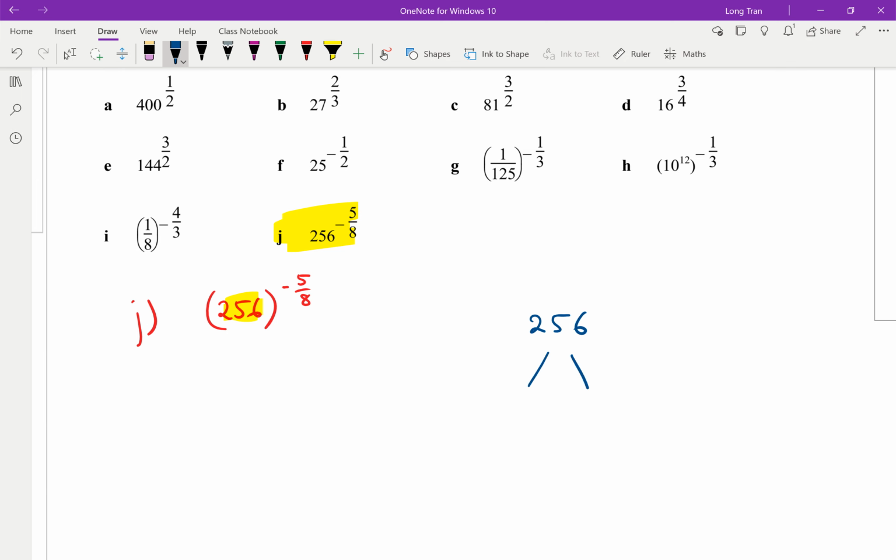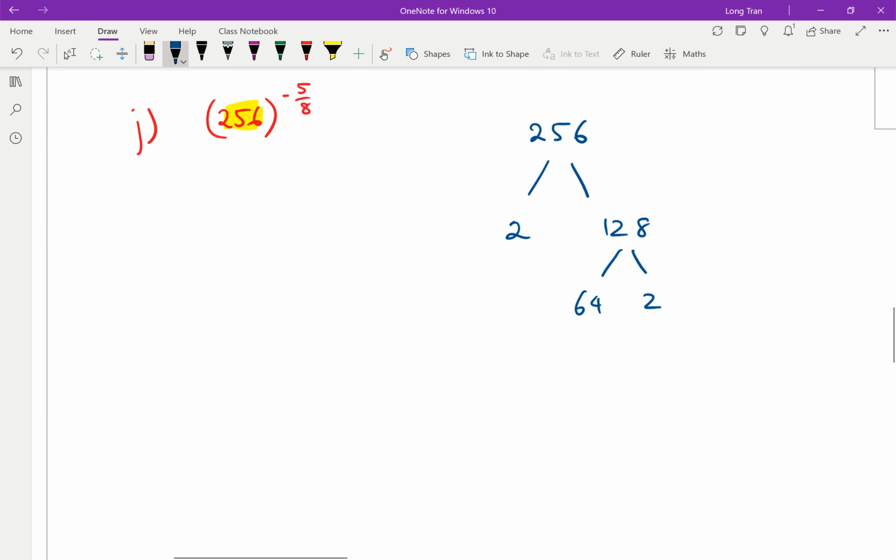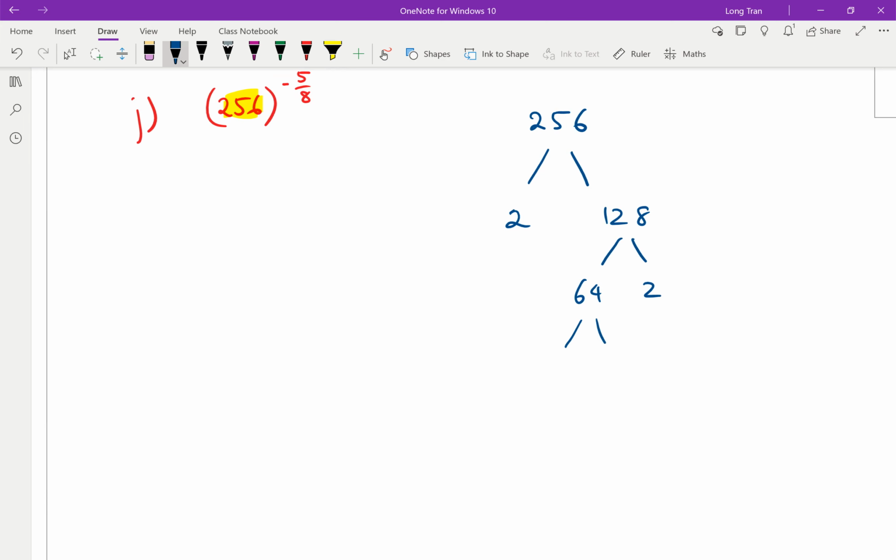What two numbers can you multiply to give you 256? 2 and 128. Good. When you're unsure, just keep halving. It's fine. Keep breaking it down. 2 times 128. Can I break 128 into 2 numbers now? 64 and 2. 64 is now much easier. 64 is the same thing as? 2 times 2. Good.